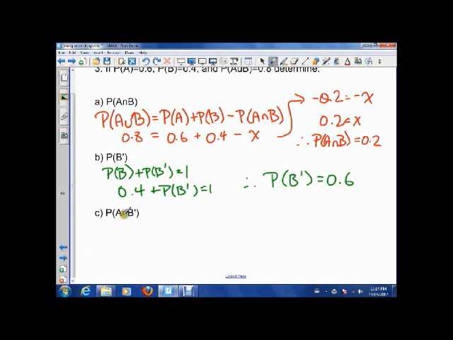Now we want A intersect B prime. This one we don't have a good formula for because we don't have A union B prime. But let's look at what the Venn diagram says.